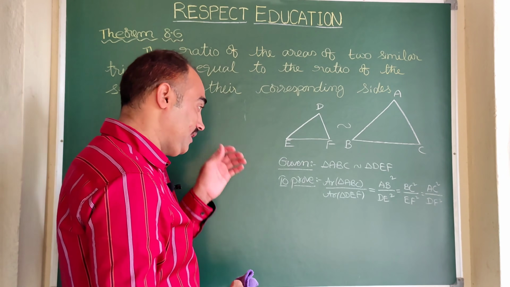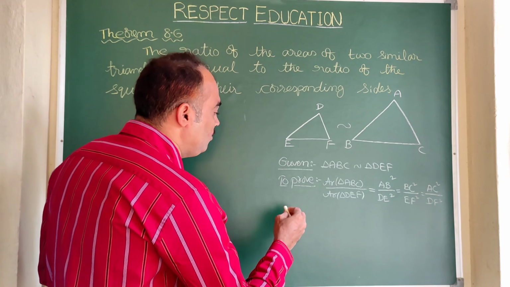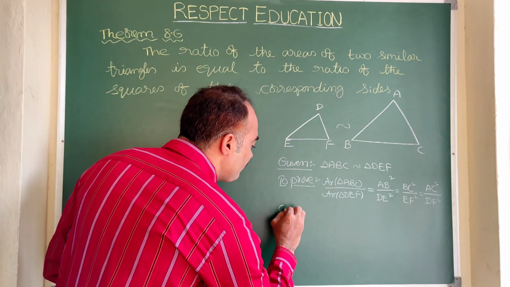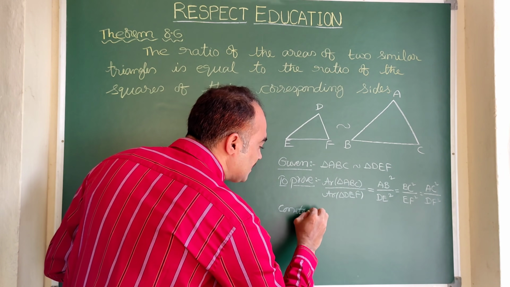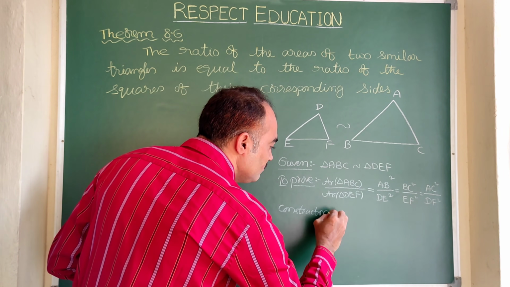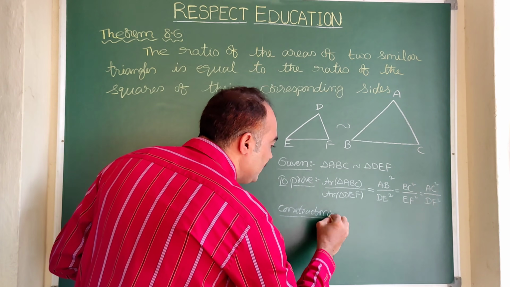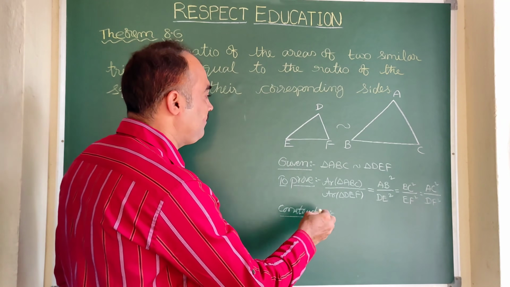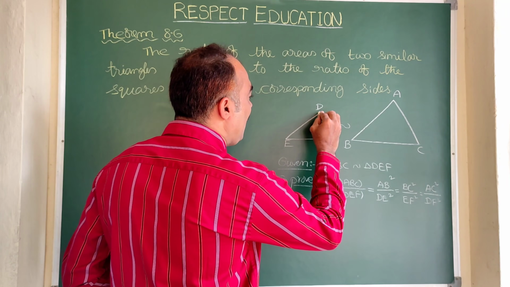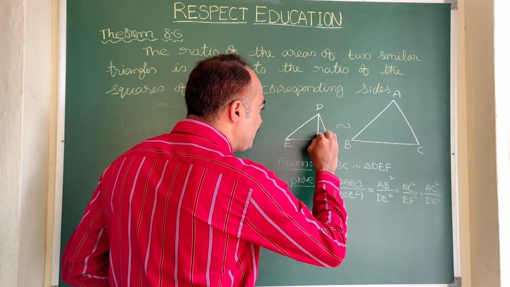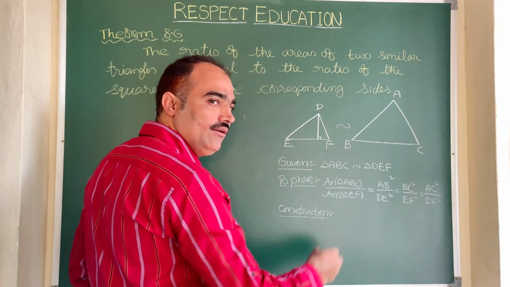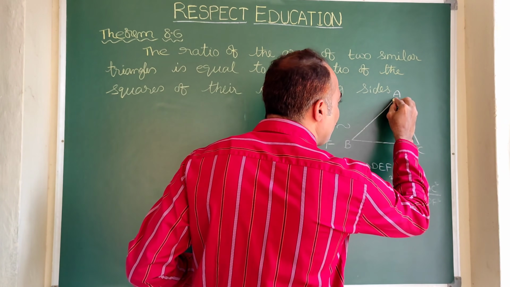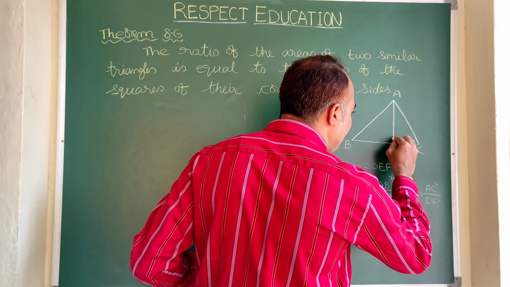Now for this we need to do a small construction. Small construction is required, right? What we need to do here is draw a perpendicular from D to EF and also from A to BC.